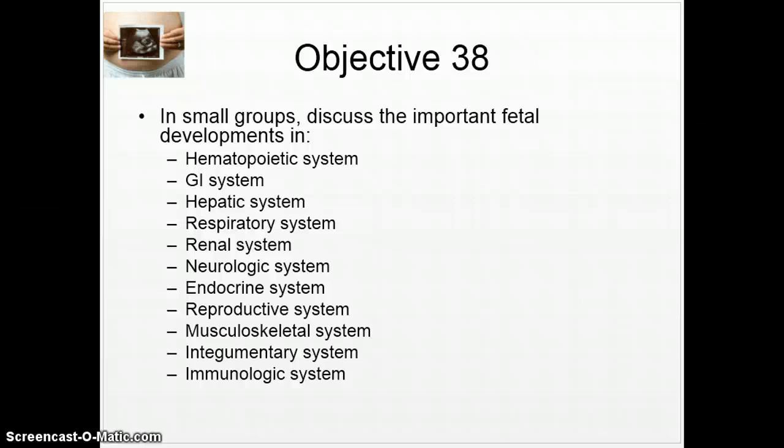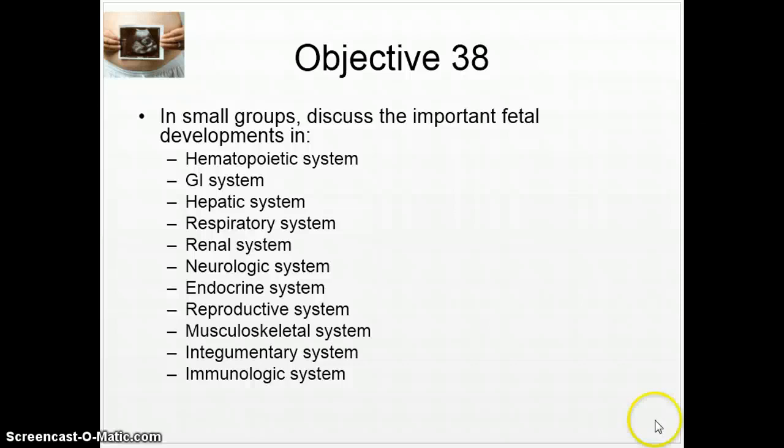This was discussed in class in small groups to discuss the importance of fetal developments in these various systems. It's important that you know the highlights of each one of these systems that is important in fetal development. For example, with the respiratory system, the surges of surfactant between 24 and 26 weeks and 34 and 36 weeks, which allows the alveoli to maintain an open position instead of collapsing on themselves, is something that is important to know.